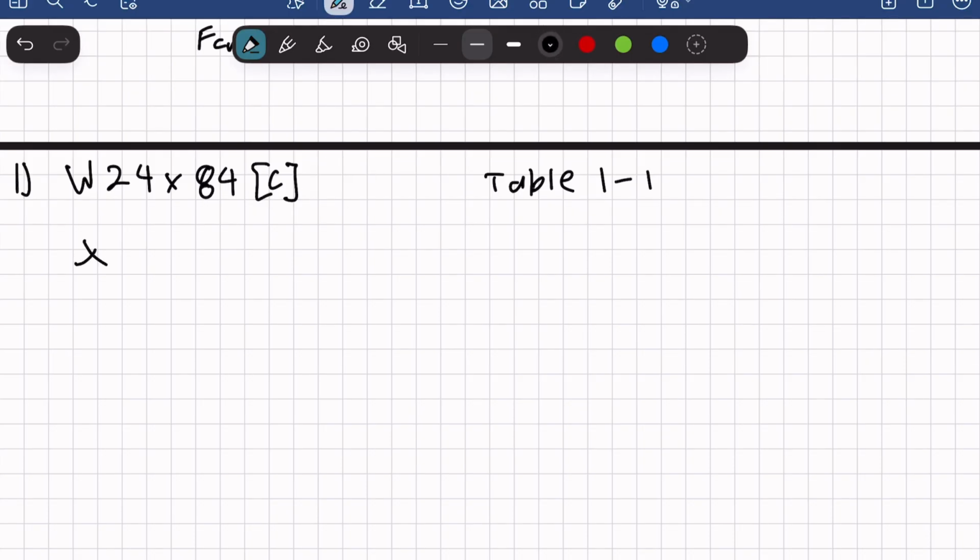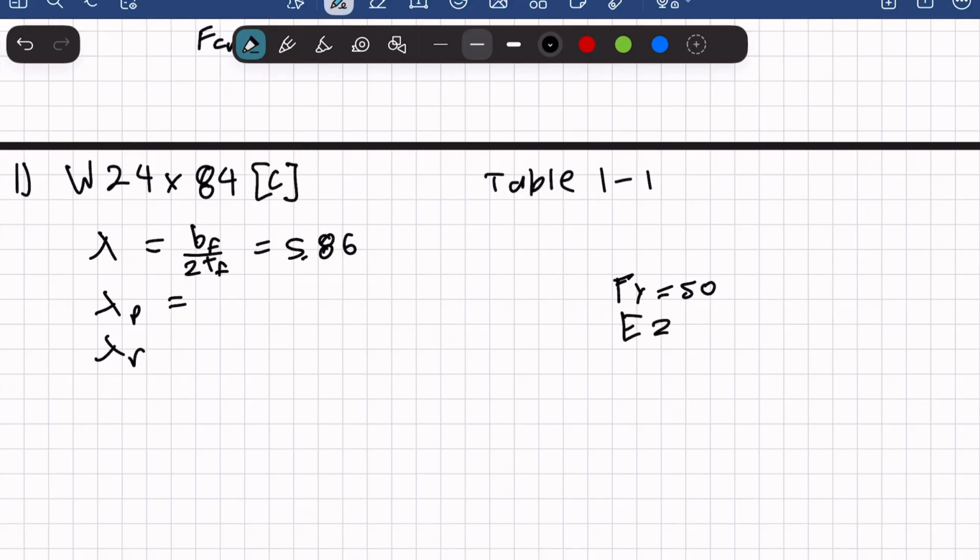Lambda is equal to bf over 2tf in the manual. If we pull that value out, what is that? That is 5.86. You'll start to remember the values for lambda p and lambda r eventually for A992 steel, where we have Fy equals 50 and E is equal to 29,000 for all structural grades of steel.